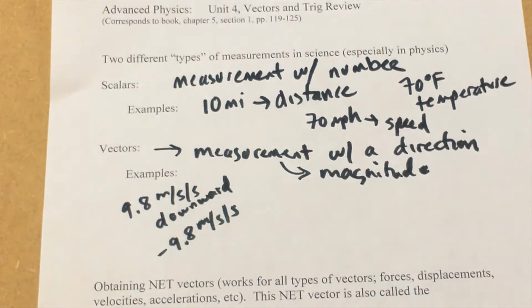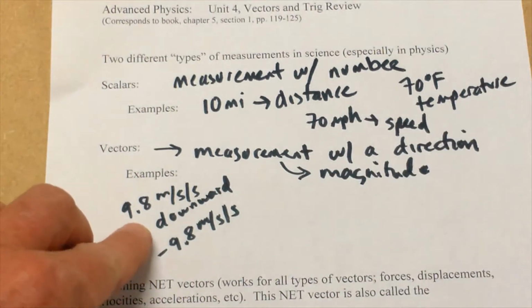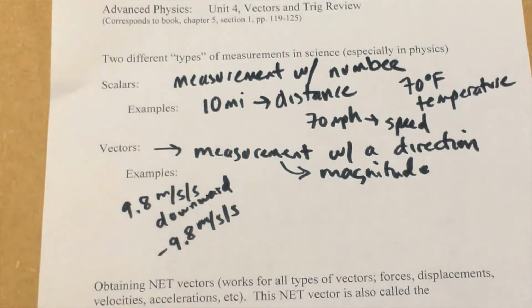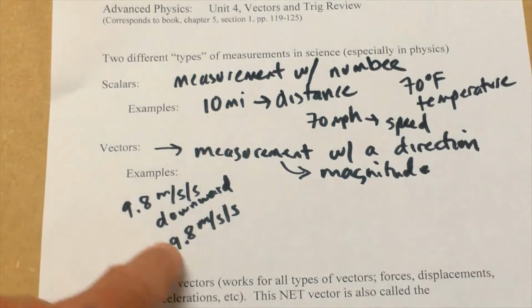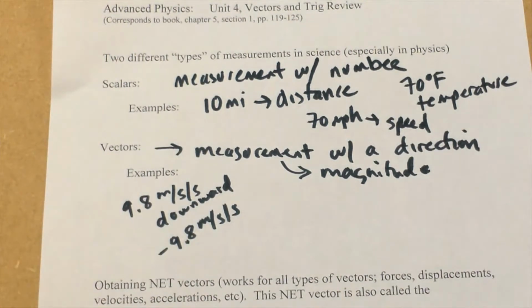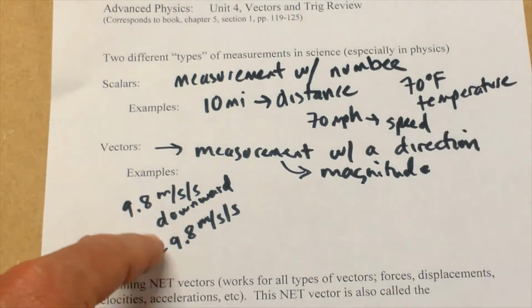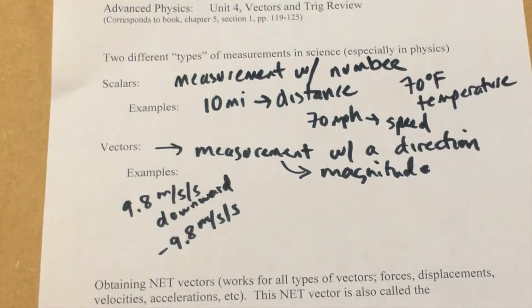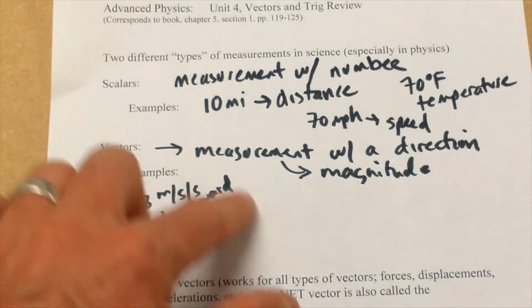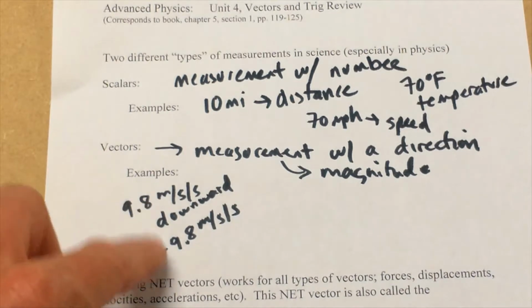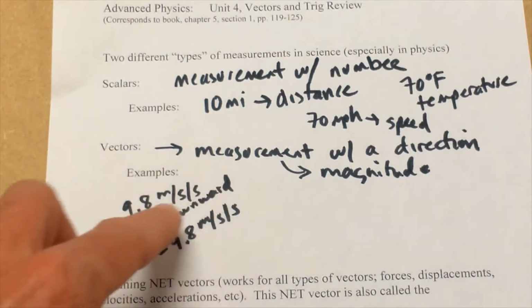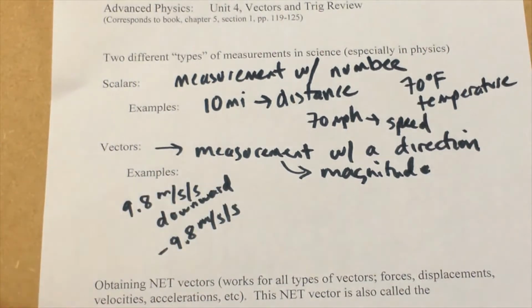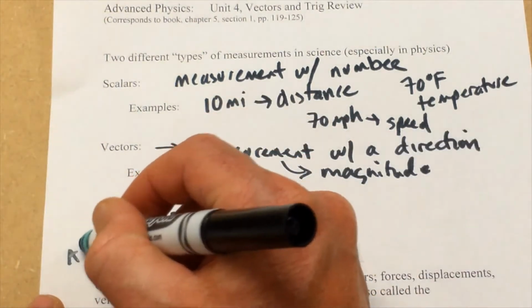The negative sign, or the word downward, tells us a direction. The 9.8 part is called the magnitude. We need both of these, the number plus the direction, to really explain this concept called free fall. That's an acceleration.